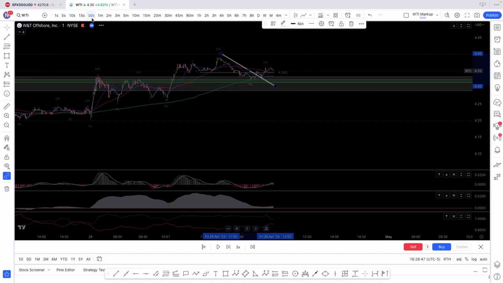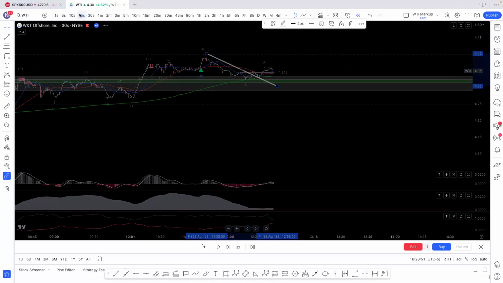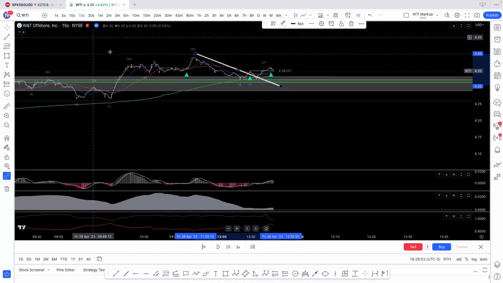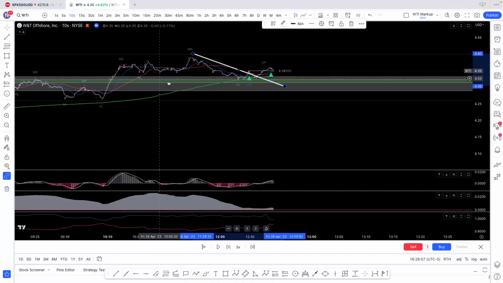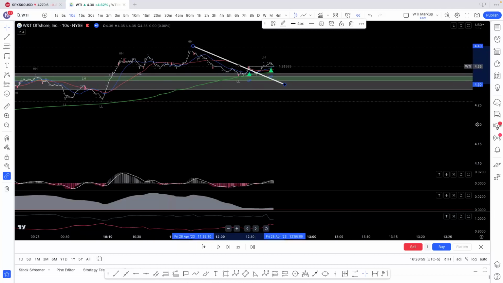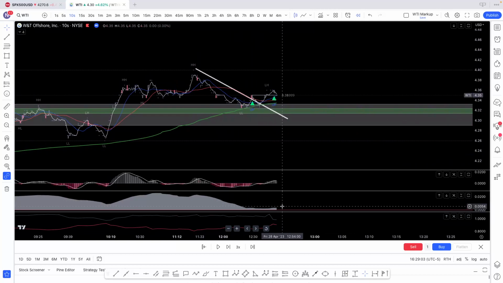Drop down to the 30-second. Get this on the lowest time frame. Maybe the 10. I've got low volume here. Ugh, goodness gracious, what time is it? It is almost 1 p.m. Central.